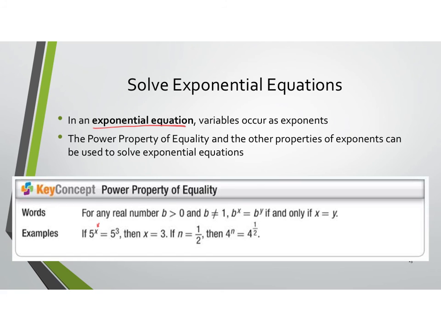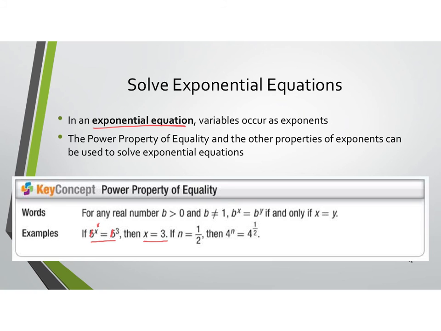Because once the base is the same, as you can see down here, they kind of go away, leaving only the exponents. That's what's happening right here. We have 5 to the x power is equal to 5 to the third power. Since the bases are the same, they go away, leaving only x is equal to 3, which would be our answer.